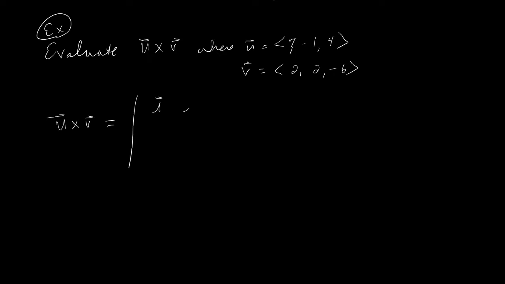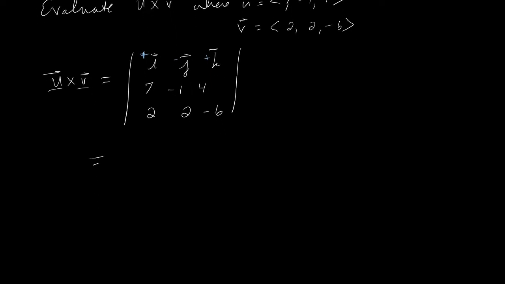We have i, j, and k. Remember, these have alternating sign positions: positive, negative, positive. Since I've got u crossed with v, I'm going to put u first, 7, -1, 4, and v second, 2, 2, -6.